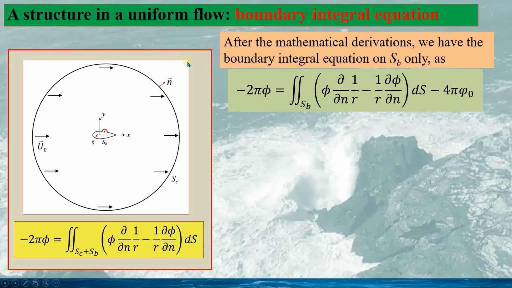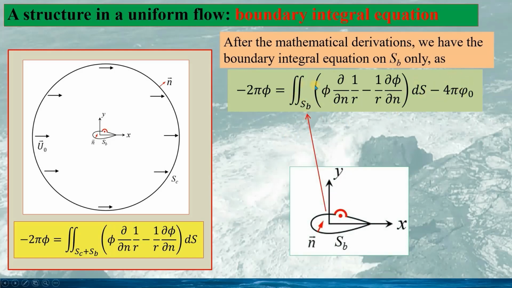As we have shown in the previous slides, after the mathematical derivations, we have the boundary integral equation from the general boundary integral equation. Here we can see the boundary integral would include a boundary integral on SC and on SB. But here we have used the mathematical derivation to transform the boundary integral on SC to the value on SB.